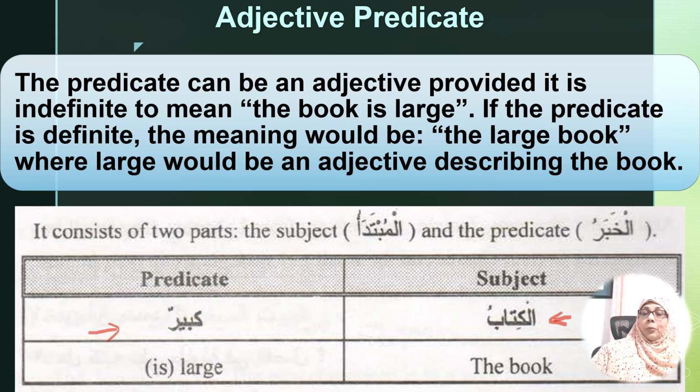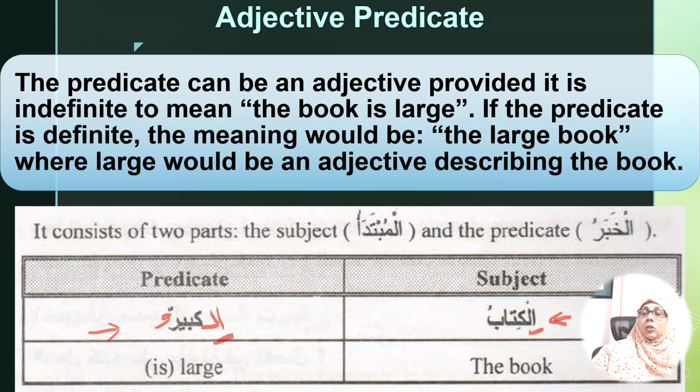Okay, now compare that with if there was an al, the definite article, in front of the word kabir. Then it would be al-kabiru, right? Because the tanween cannot exist with an al, so it would be al-kabiru. So notice here, the moment you put the al here, it matches this noun here, which is al-kitabu.